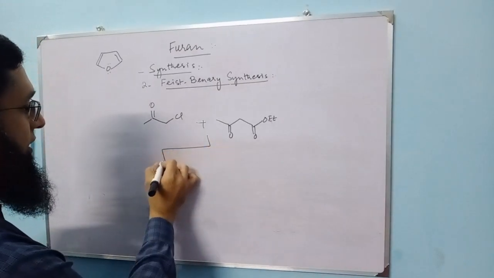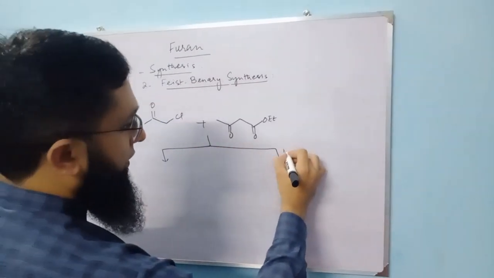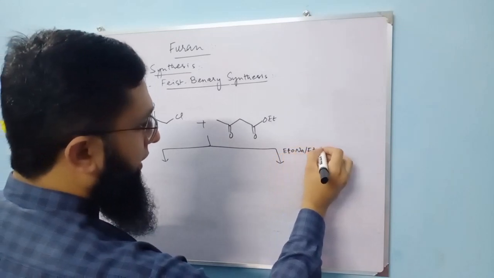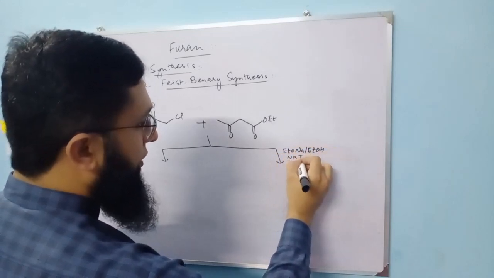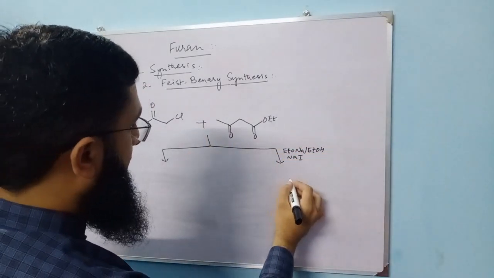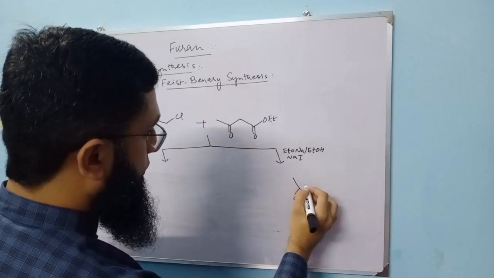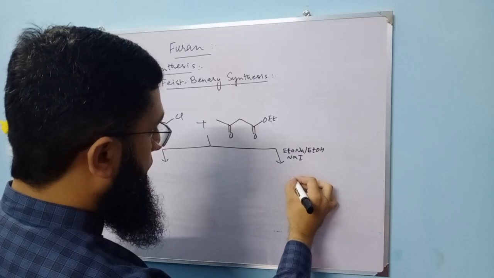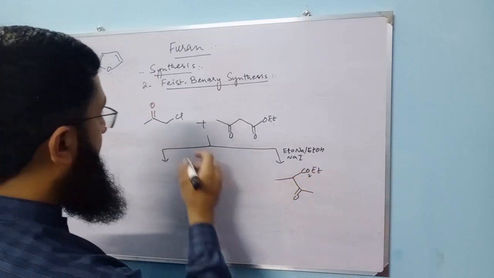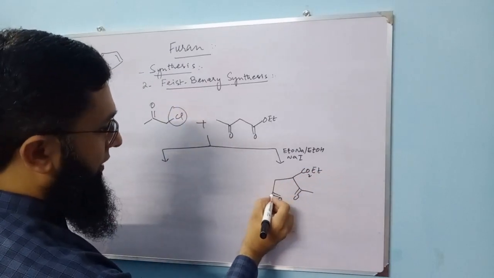When they are reacted in the presence of, for example, sodium ethoxide in ethanol, and in the presence of sodium iodide, as a result of the reaction we get this halogen replaced and we get this.